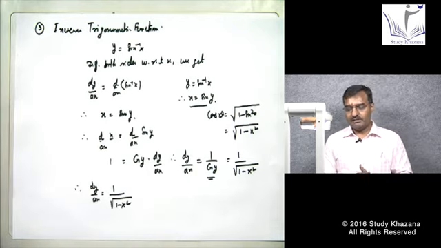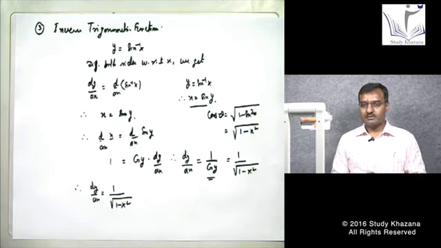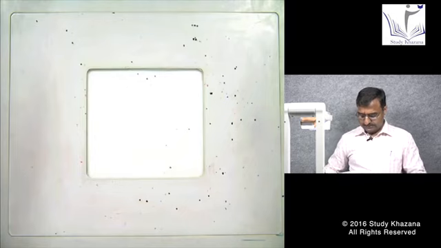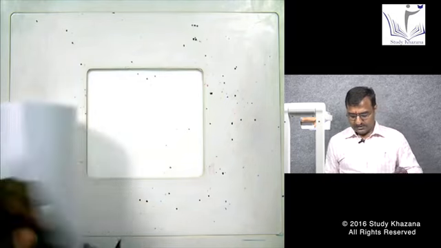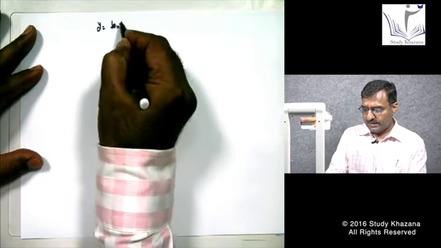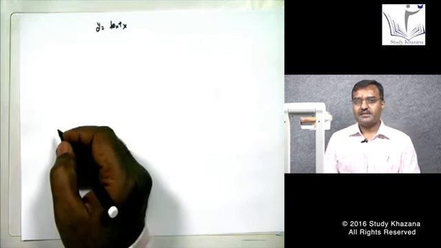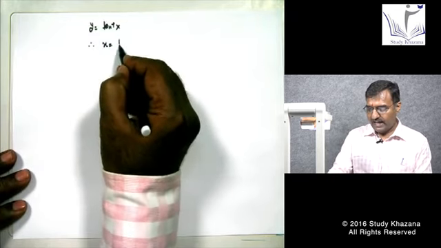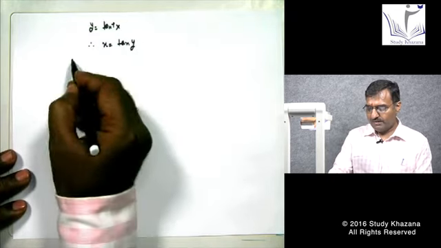In the same way, we can find the derivative of cos inverse. Let us take one more example. Say I have to find the derivative of y equal to tan inverse x. Now how we will proceed? We will proceed in the same manner. Here x is equal to tan y.